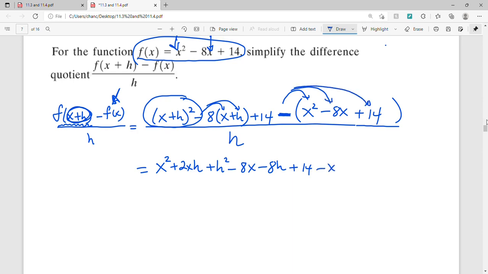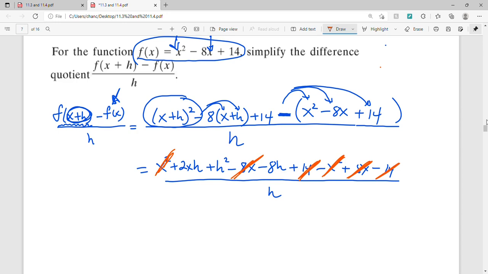Negative x squared, positive 8x, and a negative 14 when we distribute the negative. Now it looks like a lot of work, but a lot of things should cancel out. We have x squareds canceling out with the x squareds. The negative 8x cancels out with positive 8x. 14 cancels out with negative 14.